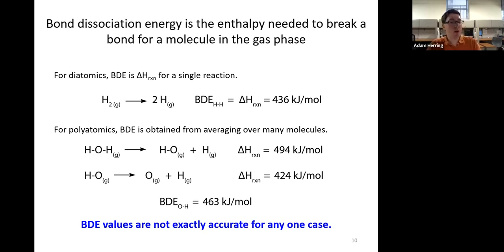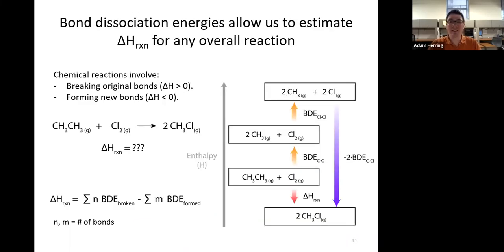So when you use the bond dissociation energies to calculate the enthalpy of a reaction, it actually is just an estimate. It's not an exact value. So let's summarize here. We've talked about how for chemical reactions, anytime we break a bond, that requires energy. When we form a bond, that releases energy.